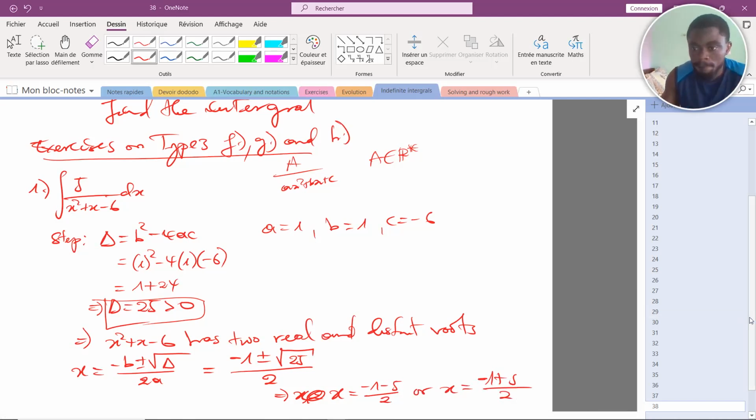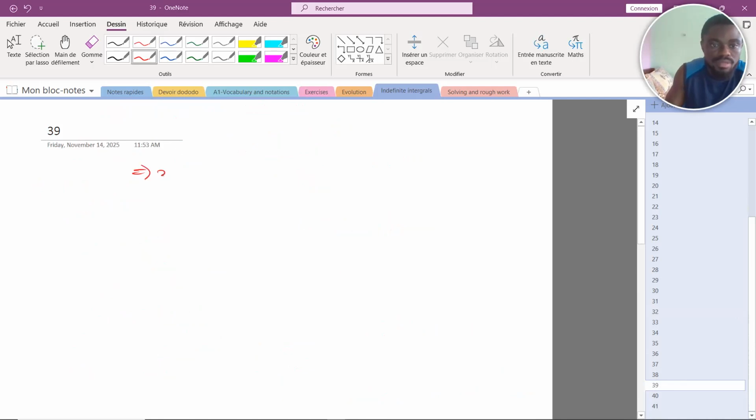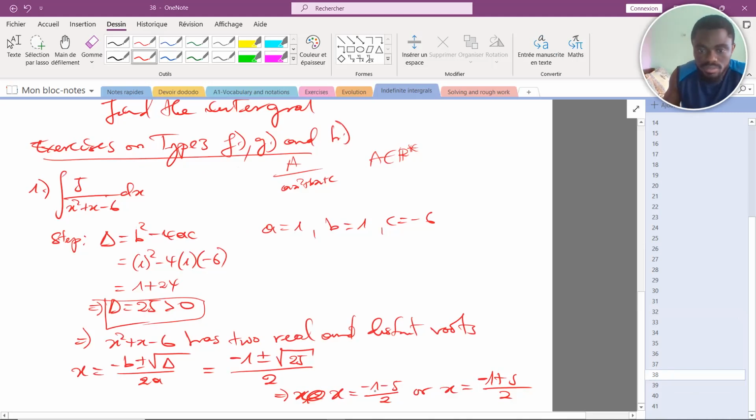So, let me go to the next page. This implies x will be equal to, this is minus 6. Minus 6 divided by 2 is minus 3. This gives 4. 4 divided by 2 is 2.